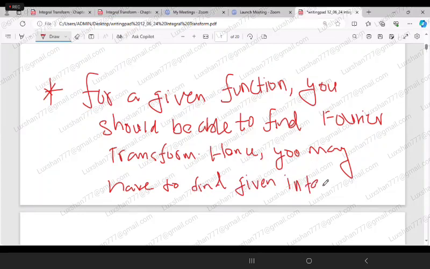So we had an example for this one. Using the Fourier transform of a function, we can evaluate integrals of some functions.